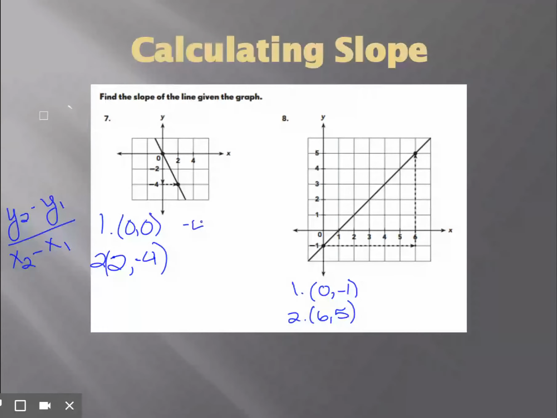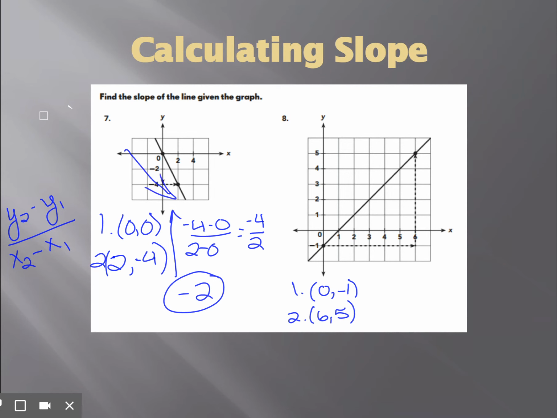So what you should have done is negative 4 minus 0 over 2 minus 0, which is, of course, negative 4 over 2. And if you do the division, your slope would be negative 2. Again, you should have realized your slope would have been negative because it's going down in that direction.